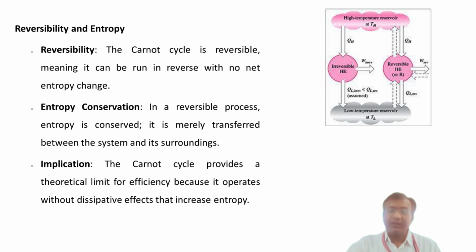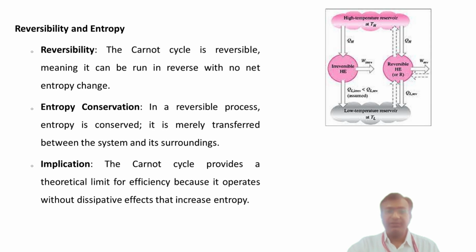Now here in the Carnot cycle, since it is reversible, the entropy change of the system for each process can be calculated, and the net entropy change over the cycle is zero, as we have seen in the previous slide. Now let's look at each process one by one. First, if we consider the isothermal expansion, the system absorbs some heat, that is QH, from the hot reservoir at a temperature TH.